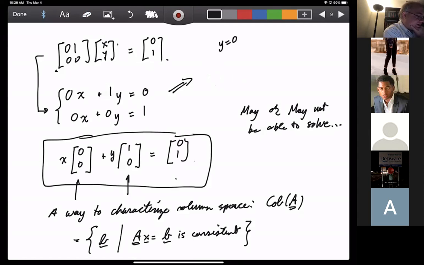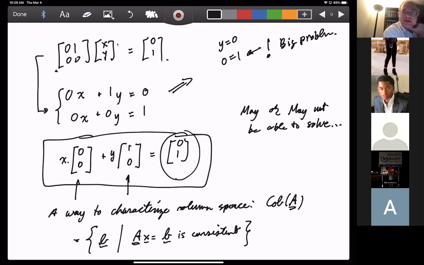The top entries, x times 0 plus y times 1 equals 0. There's no problem there, but x times 0 plus y times 0 is equal to 1, right? That is a big problem. So this particular vector would not be in the column space because you can't solve the system when you put that vector on the right-hand side. Okay, so if you find one example of it not working, it doesn't work at all.